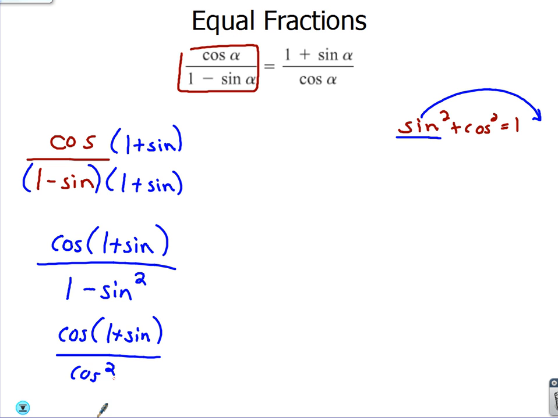One of my cosines on bottom cancels with the one on top and leaves me with simply 1 cosine on bottom. So I now have 1 plus sine over cosine, which is what I was trying to transform it into. When you're dealing with a binomial on bottom, especially one that involves the number 1, most of the time you can multiply by its conjugate. You can use one of your Pythagorean identities to turn it into something else.